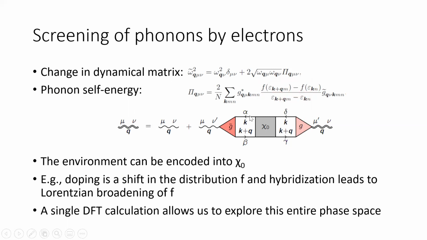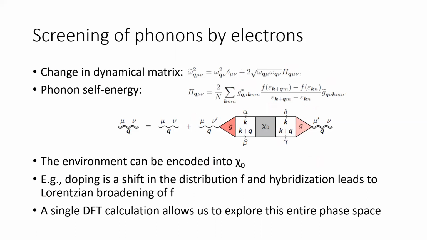And in the same way, it can be shown that hybridization of electronic states in the monolayer with the substrate can be encoded as Lorentzian broadening of this distribution function f. What's particularly nice about this is that we do a single DFT calculation for the freestanding monolayer, and we can explore the entire environmental phase space really efficiently, because we don't have to do the DFT every time. We can just change the evaluation of these Feynman diagrams.